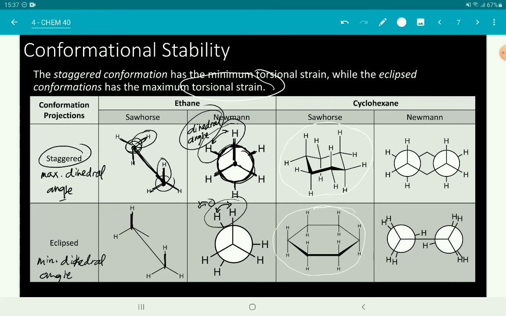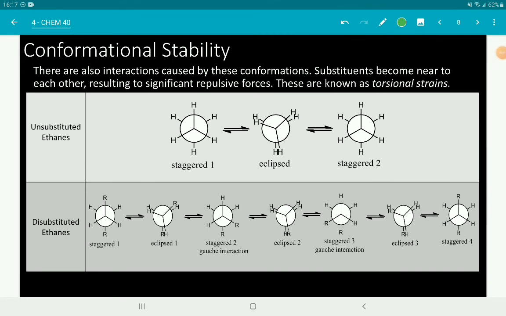Okay? So, makikita naman natin dito yung mga Newman projections ng mga unsubstituted ethanes tsaka disubstituted ethanes. Okay? So, makikita nyo dito sa diagram ng mga unsubstituted ethanes na umiikot lang yung bond na ito, yung itong tatlong substituent na to around the carbon-carbon bond.